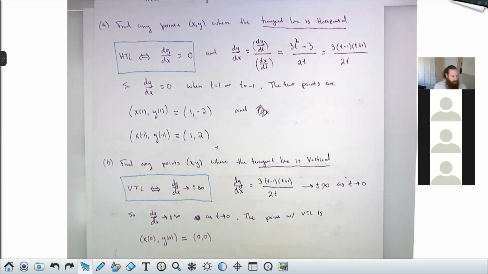I'd like to show you one other problem with this curve, but first, any questions on finding horizontal or vertical tangents for parametric equations, parametric curves? Okay.